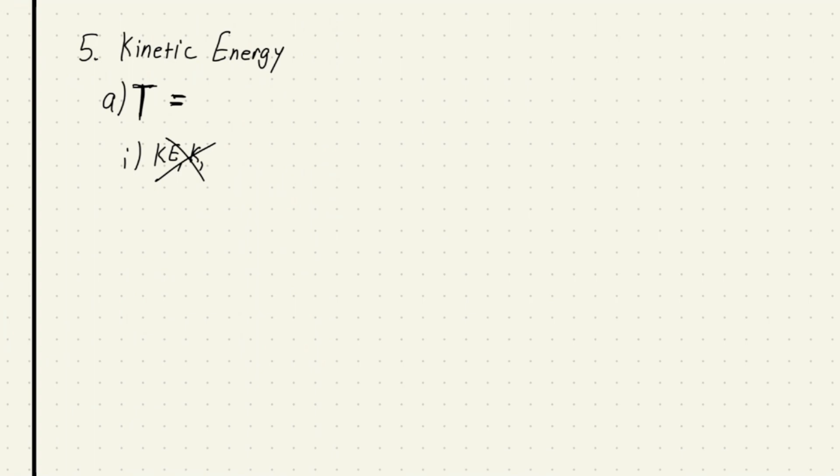Then we use U for potential energy. Also, if I take a potential energy and subtract it from another potential energy, like the potential energy at point 1 subtracted from the potential energy at point 2, I get a difference in potentials, and we call that V, which comes from voltage, because a voltage is a difference in potential energy due to separation of charges.